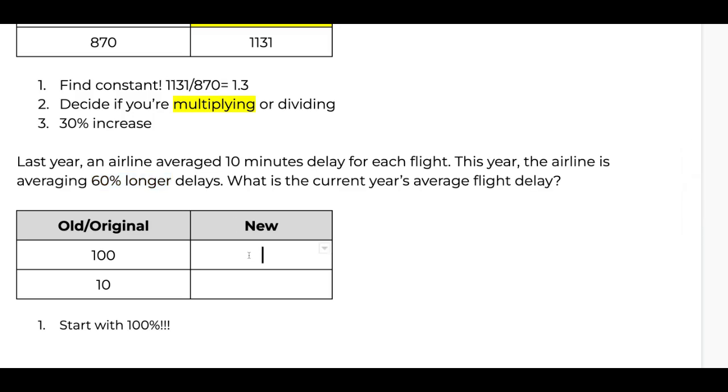So 60 is not going to go here because that would be a decrease if you go from 100 down to 60. It's 100% plus the 60% increase. That's going to give you 160 there.